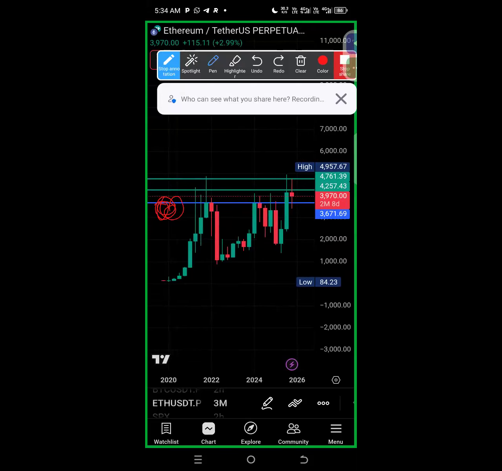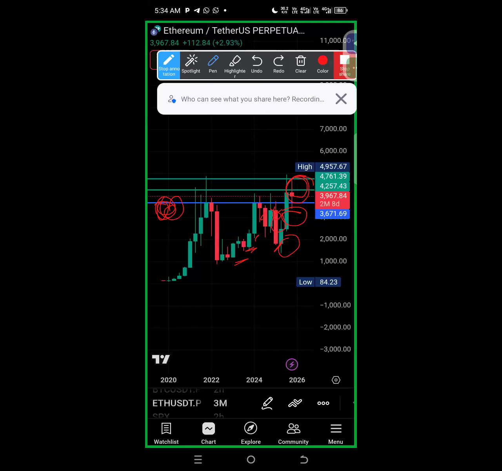It simply means this is 1 candle, and each candle is 3 months. So just count all the number of candles you see here and multiply it by 3. It simply means that over the last months, this is what happened, this is what happened. That is what we mean by time frame.